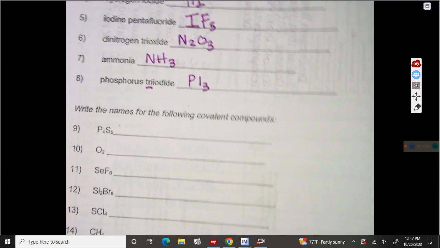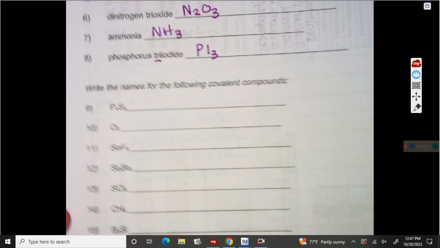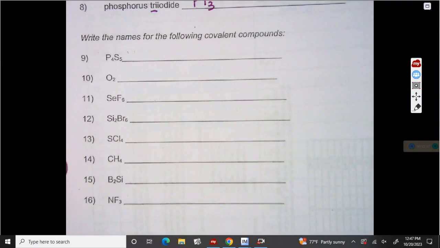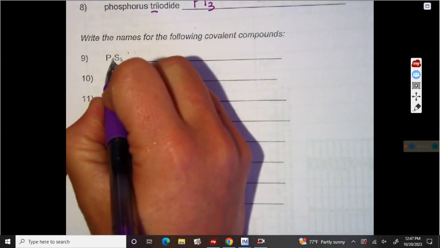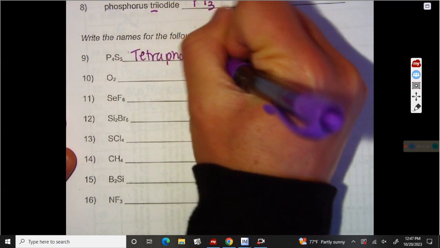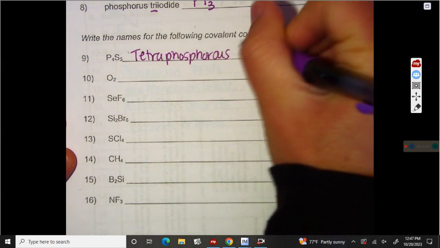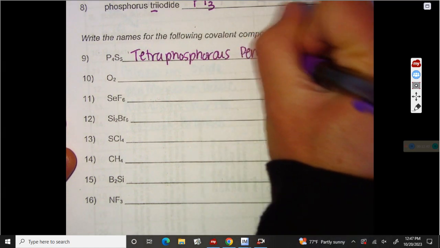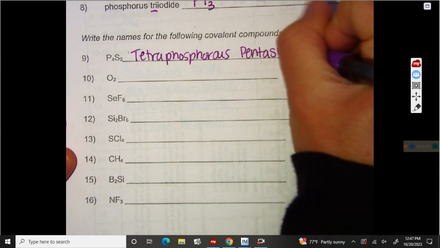All right, write the names for the following covalent compounds. Now, I see 4 phosphoruses. So it's tetra, phosphorus, penta for 5, sulfide.